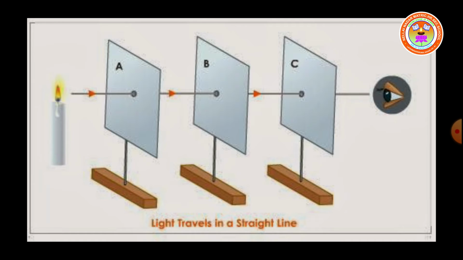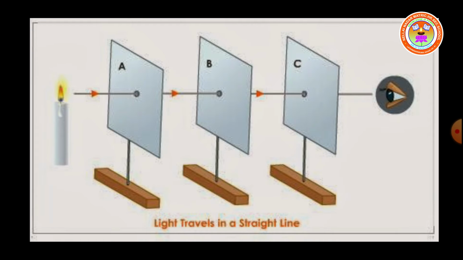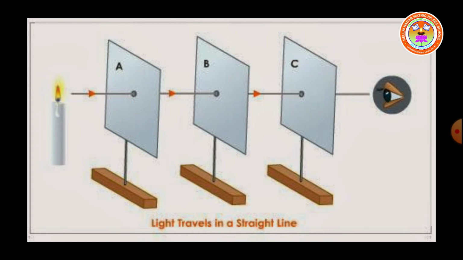Now, adjust the 3 inner trays in such a way that the 3 holes are in a straight line. Place a lighted candle at one end of this arrangement and try to see the flame of the candle from a hole at the other end.